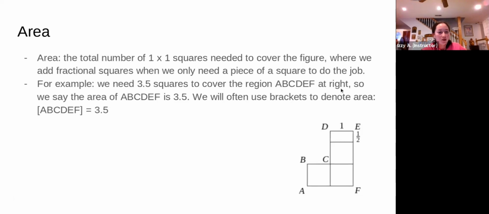So we say the area of ABCDEF is 3.5. And we will often use brackets to denote area. [ABCDEF] equals 3.5. I actually don't remember using bracket area, but I think that it is an efficient way to show that you are finding area.